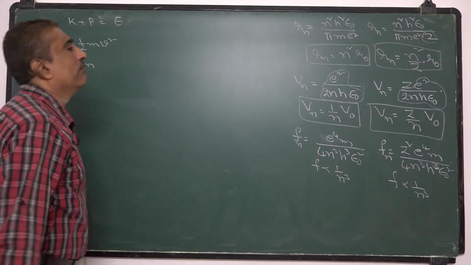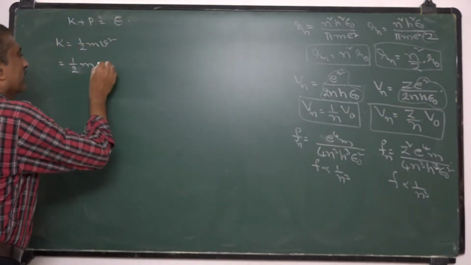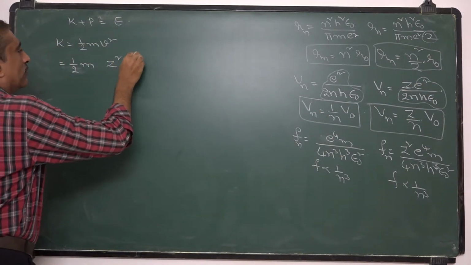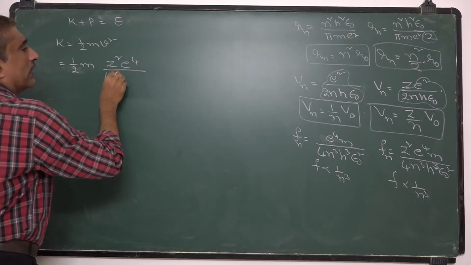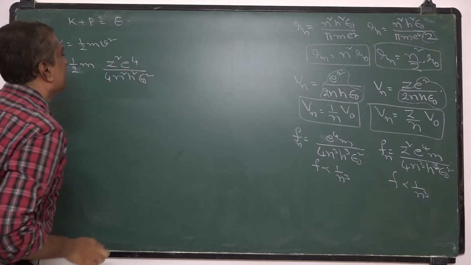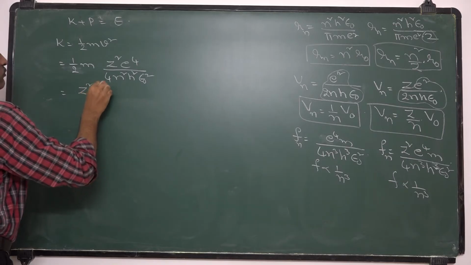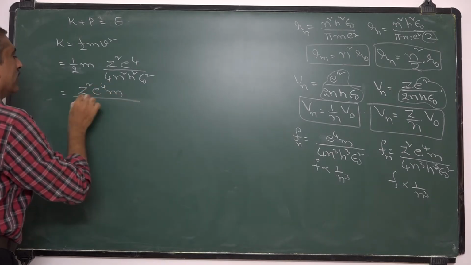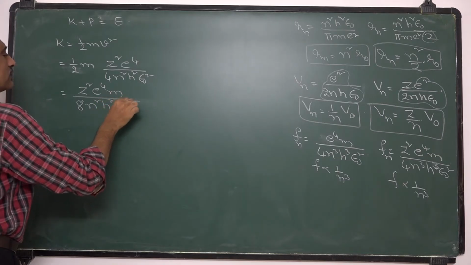V we got like this value. V square means we can write it as Z square e power 4 by, squaring on that, 4 n square h square epsilon naught square. So this is equal to Z square e power 4 m by 8 n square h square epsilon naught square.